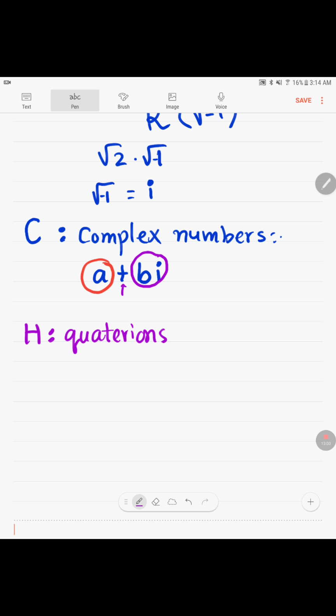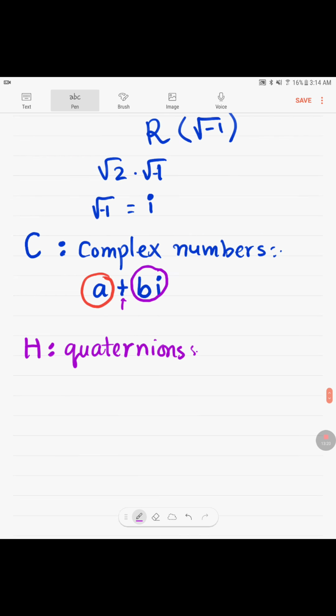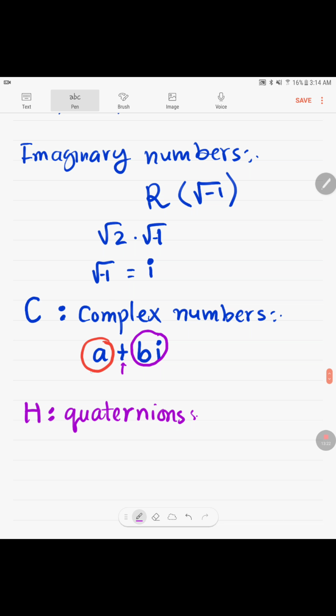Quaternions are numbers that could be represented as a sum of, you see how in complex numbers we have part real, part imaginary.